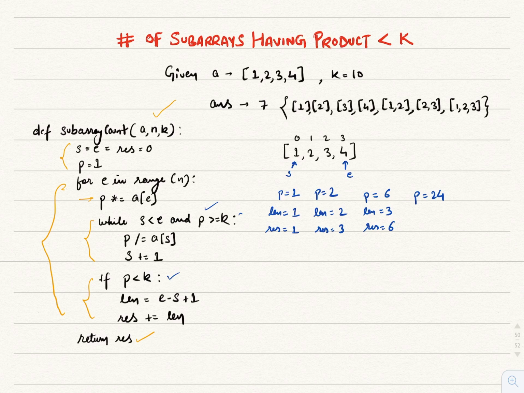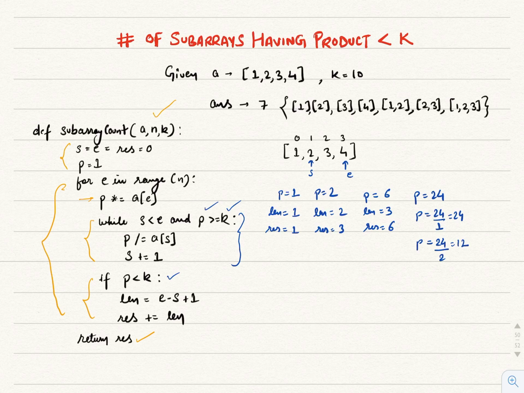24. So now this while condition will execute as p is greater than k. So now p will become 24 divided by the start element, which is 1, which remains 24, and we will increment start. Now again it will remain in this while loop as p is still greater than k. Now p will become 24 divided by A of start, which is 2, which will become 12.